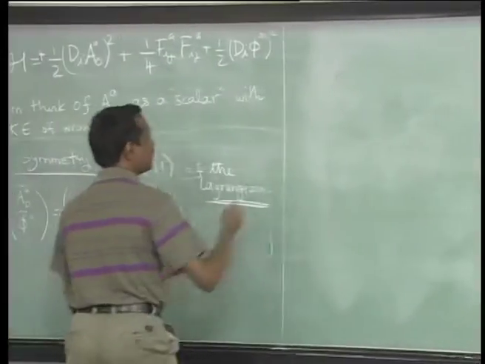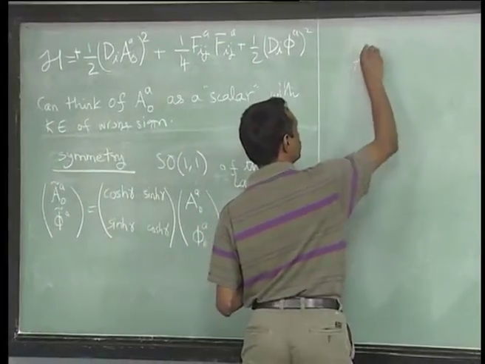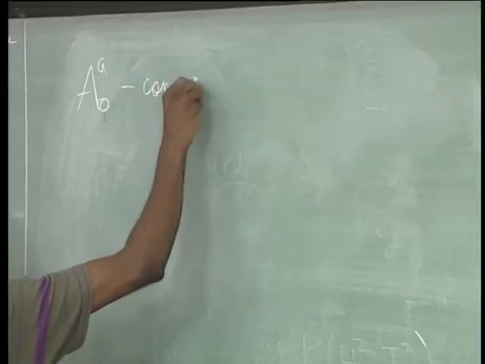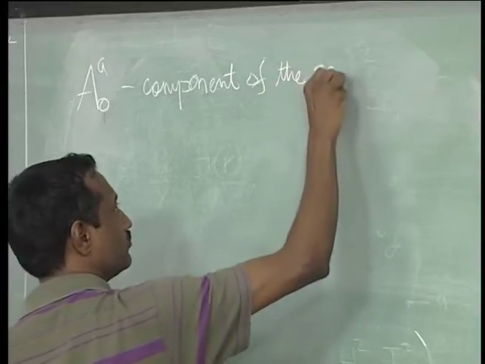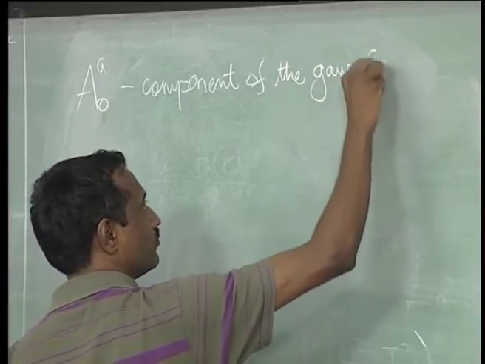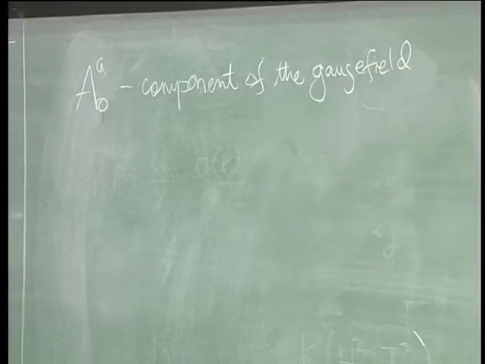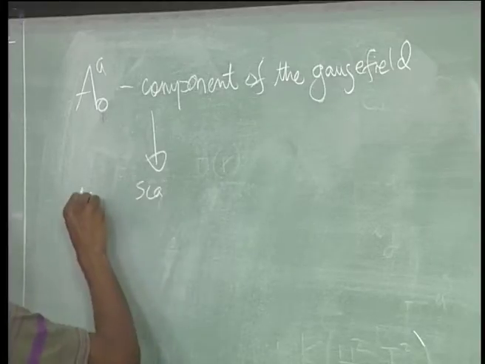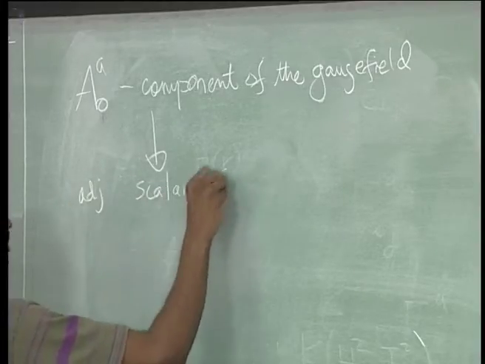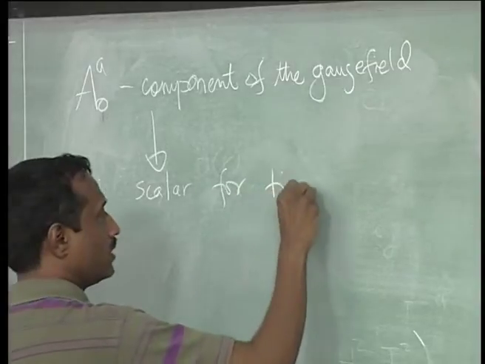What I am saying here is, we started out with A0, which was a component of the gauge field, and since we are looking at time independent configurations, this was behaving like an adjoint scalar for time independent configurations.